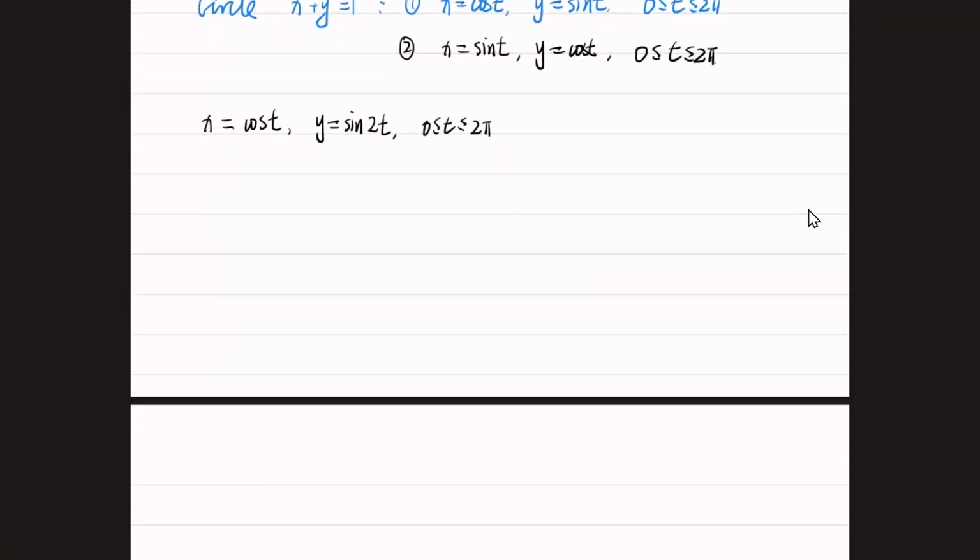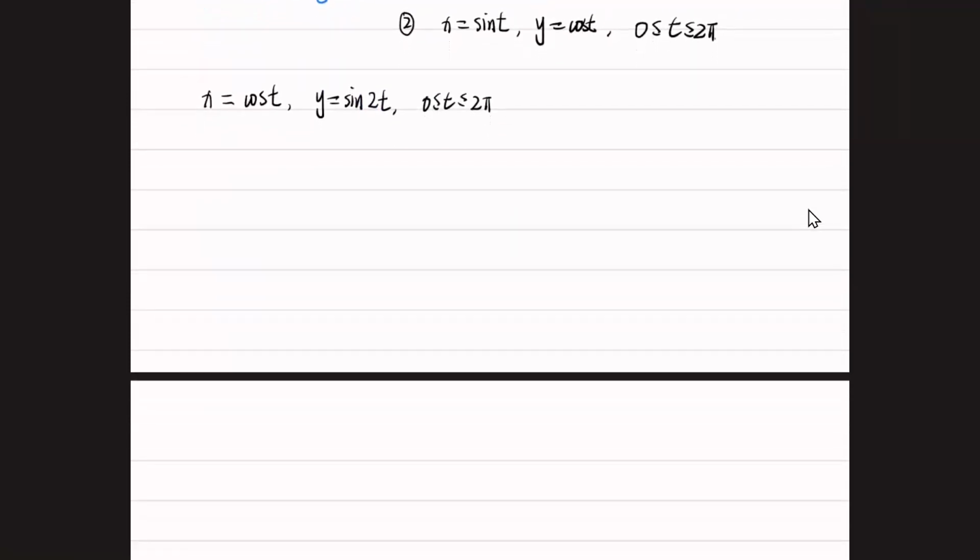Let's try. Let's see what happens. For this, let's first compute some points. If t is 0, pi over 4, pi over 2, 3 pi over 4. Okay, first half. Let's complete the table.